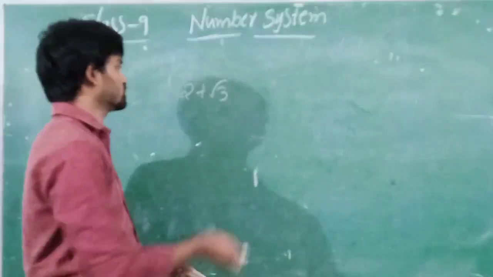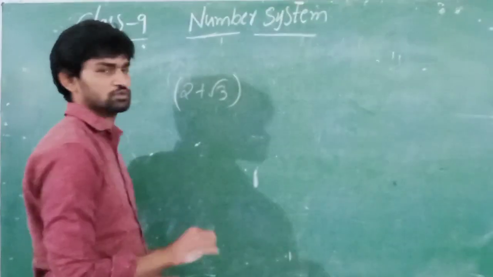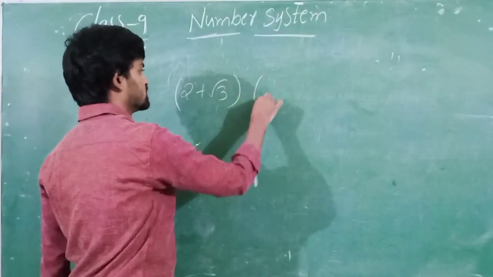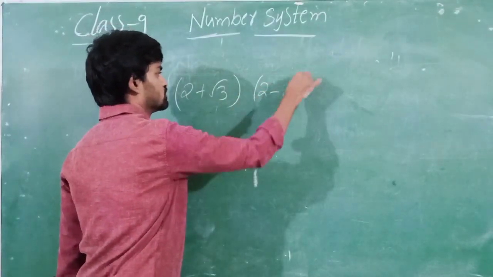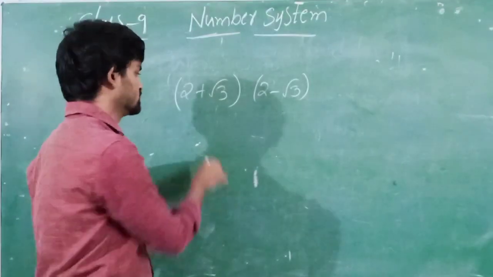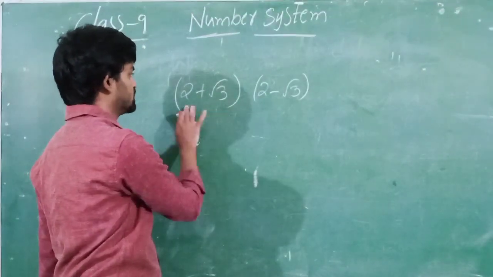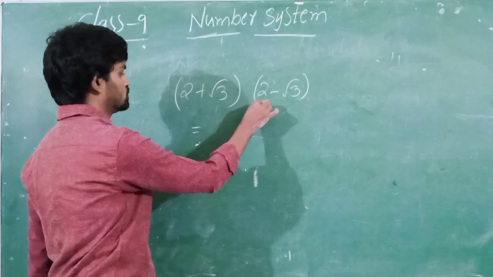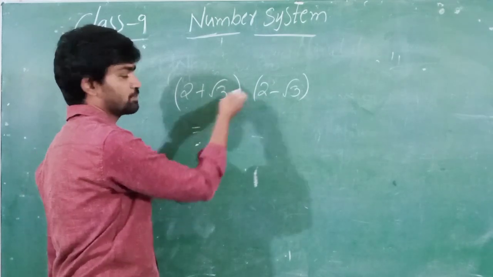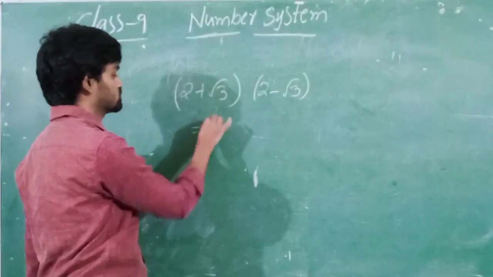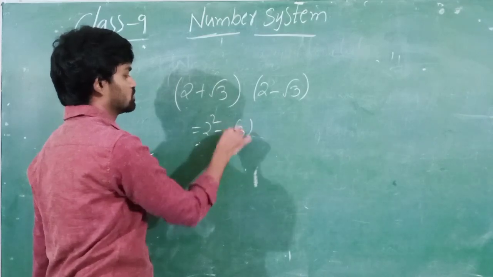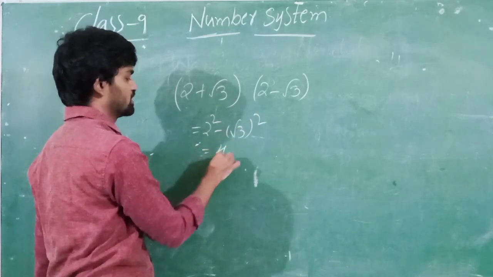Okay. So I got 2 plus root 3. Now what is the conjugate? It is 2 minus root 3. So if you multiply, again a plus b into a minus b, 2 square minus root 3 whole square. This is 4 minus 3.